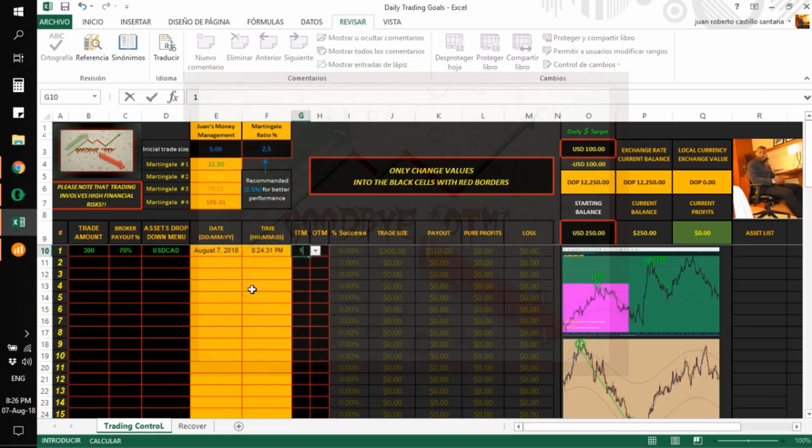As soon as you place your ITM, it will tell you that you have made your $100 daily plus an additional $10. So it means that you have made already $210 over here. That means that you have your target plus $110 above. That's what it means.